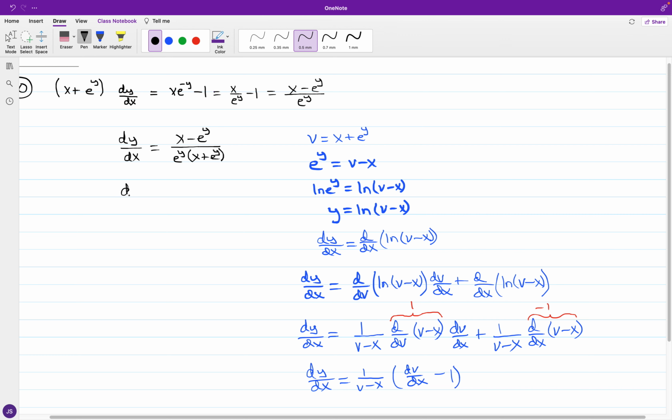Looking at the original equation, in the rewrite we have dy over dx is equal to x minus e to the y, and e to the y is v minus x.